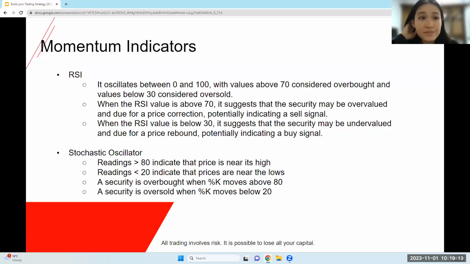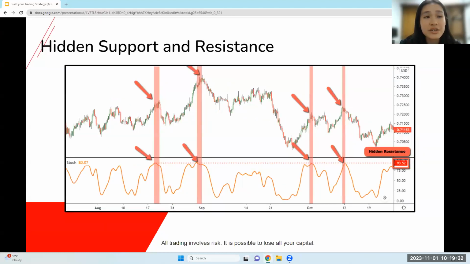For stochastic, readings above 80 indicate that price is near its high, and readings below 20 indicate that price is near its lows. A security is overbought when the K line moves above 80 and oversold when the K line moves below 20. So here is an example for stochastic.